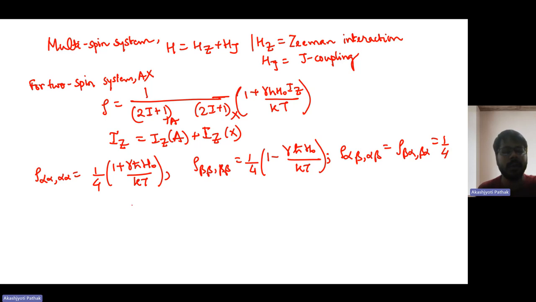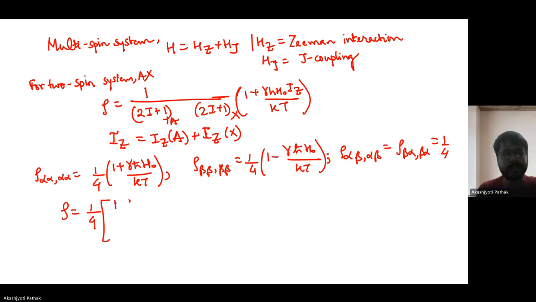Now if we write the remaining elements, they will be 1 by 4. The remaining elements will all be 0 other than these, alpha alpha and beta alpha. Other than these, all the other elements will be 0.